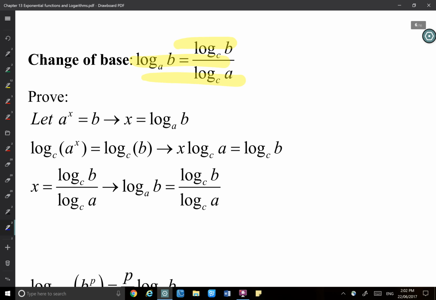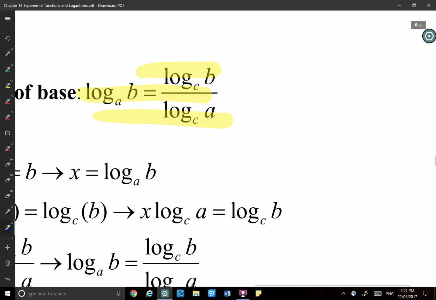We need to change to base 10, because older calculators only calculate base 10, or a particular base like base 2. So the calculator stores all of the base 2 values, and you change this number. Now it's base a, I want to change this base a to base 2 and then calculate that. So it's more helpful for a calculator that is not that powerful.